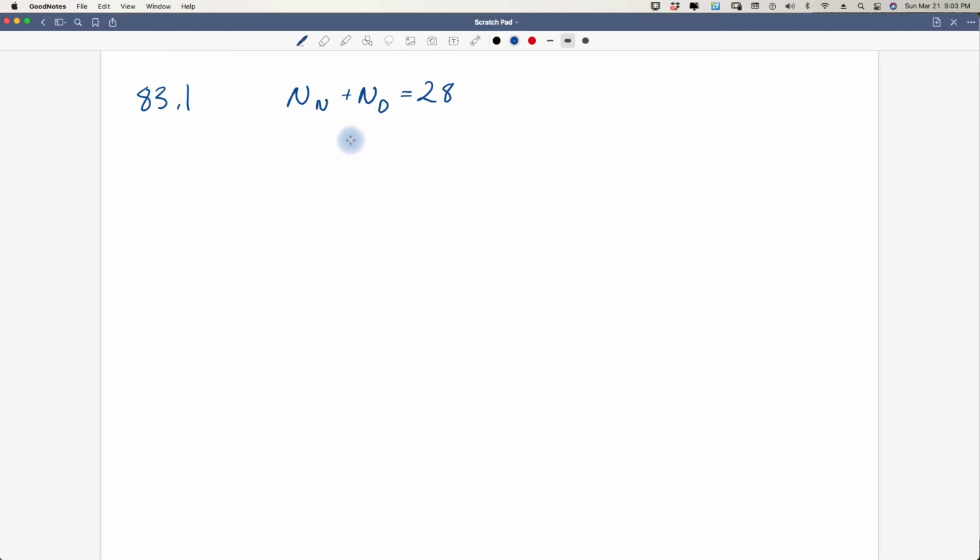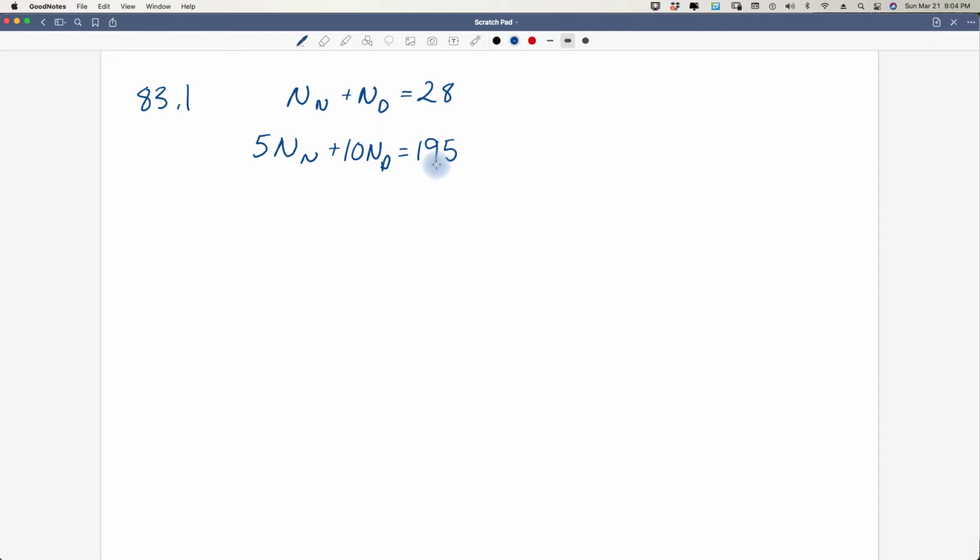We know that nickels are worth 5 cents, and dimes are worth 10 cents. Together, the number of nickels times 5 plus the number of dimes times 10 is $1.95. We're going to write it as 195 cents.